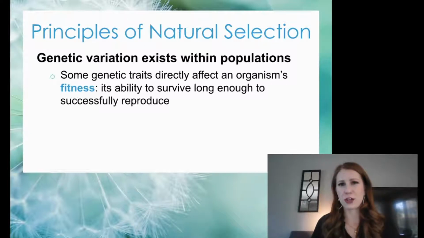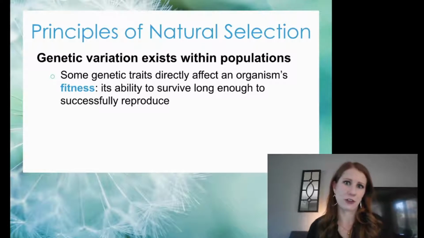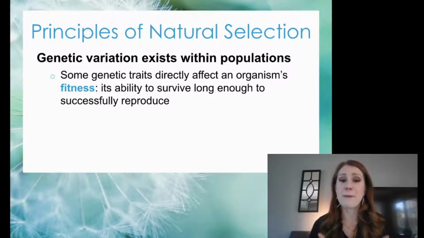Some of these genetic traits directly affect our fitness. This is a huge key of natural selection, the idea of fitness. Fitness is a measure of our ability to survive long enough in our environment to reproduce. So in evolution, in natural selection, in biology, it's not enough just to survive.